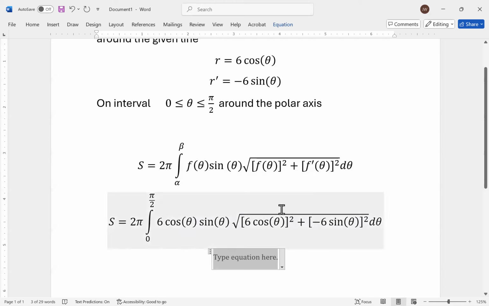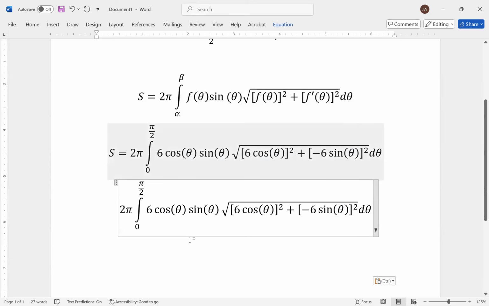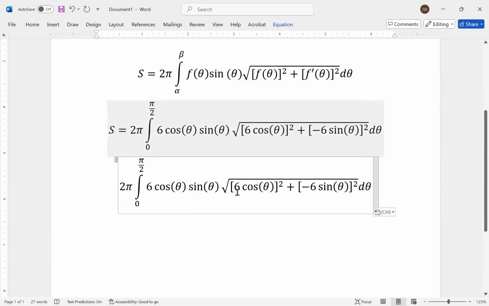Now this one you can actually do a little bit of work by hand. It's actually pretty straightforward if you do it by hand. Nothing crazy here. This is 6 cosine squared plus quantity negative 6 sine squared. Cosine squared plus sine squared is going to be equal to 1. This negative 6, when I square it, is going to turn into a 36. This 6, when I square it, turns into a 36.